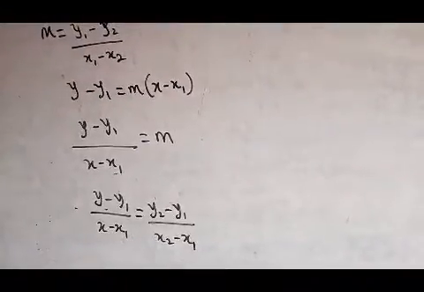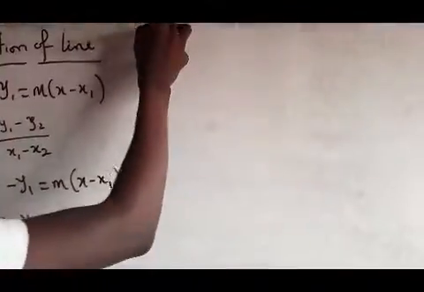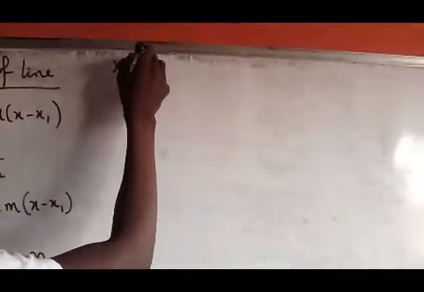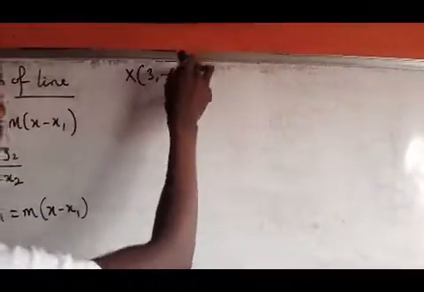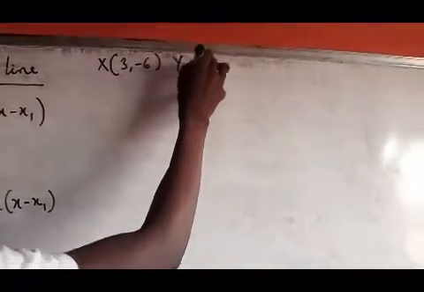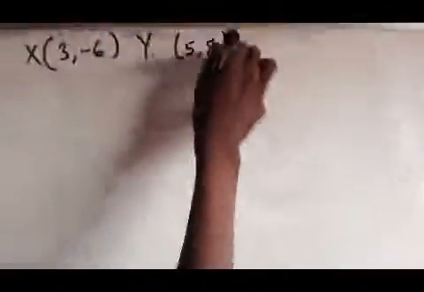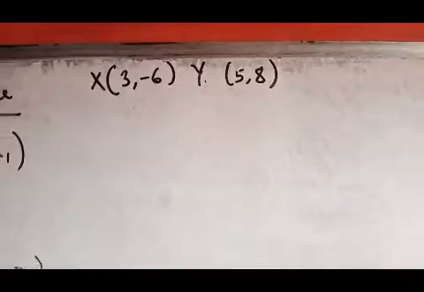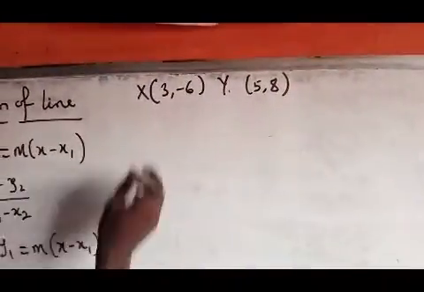So the first example, let's say we have a point X with coordinates 3 and minus 6 and Y with coordinates 5 and 8. If I want to get the equation of the line for these two points, what am I going to use?